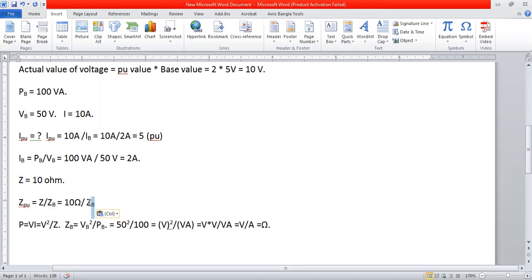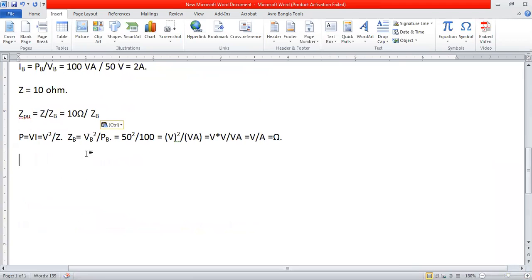So actually, what is the equation of base value of impedance? To find out the equation, we know the power equation P is equal to VI, that is voltage into current. Now from here, if we put the equation of current, that is current is equal to voltage divided by impedance, then this volt into volt means volt square divided by impedance.